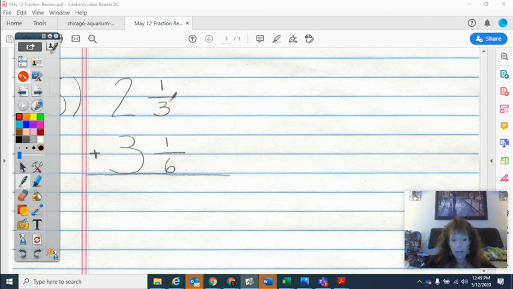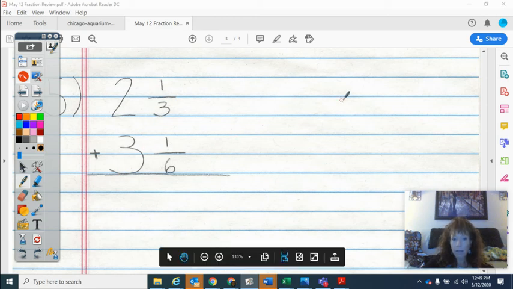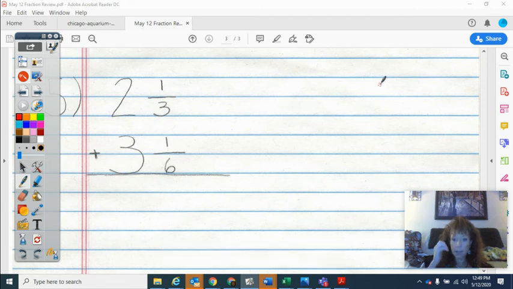So I've got the fractions 1/3 and 1/6. So just like adding whole numbers, we kind of add vertically in columns. And that's why even if the problem is written horizontally, side by side, I don't want you to add it that way. I want you to rewrite it vertically, up and down. Because I'm going to add my fractions and my whole numbers separately.